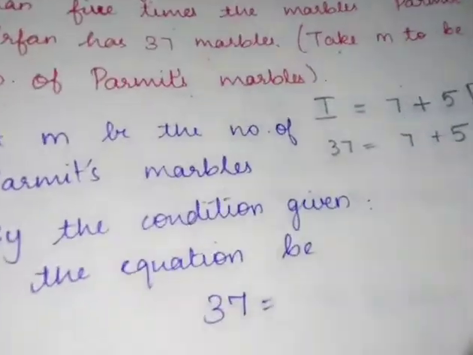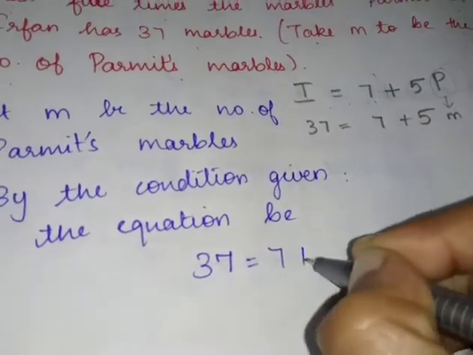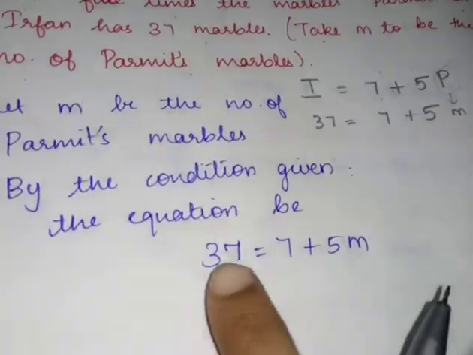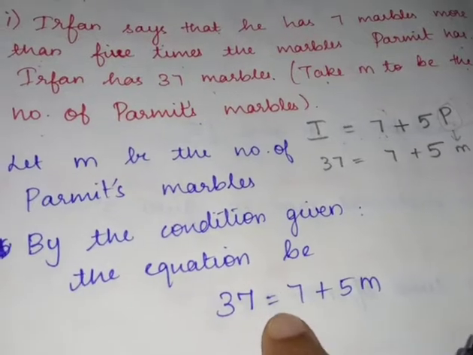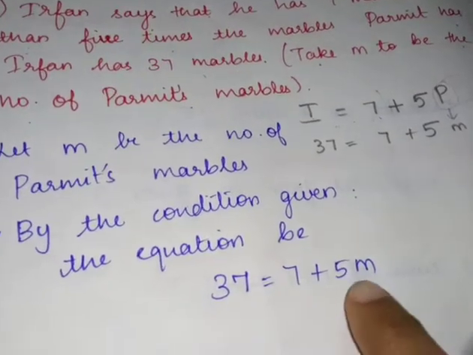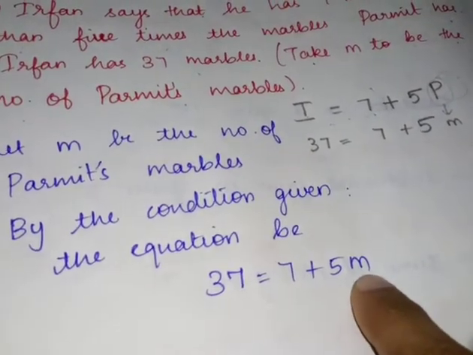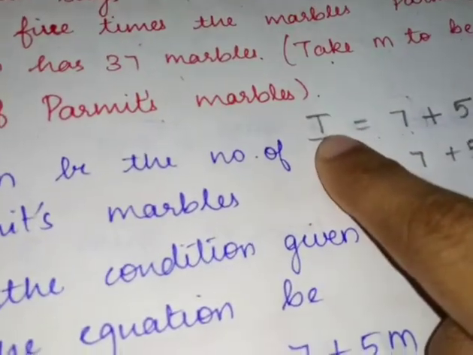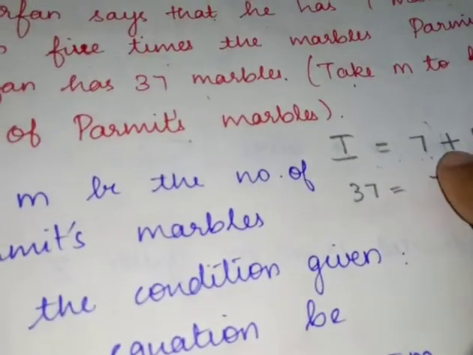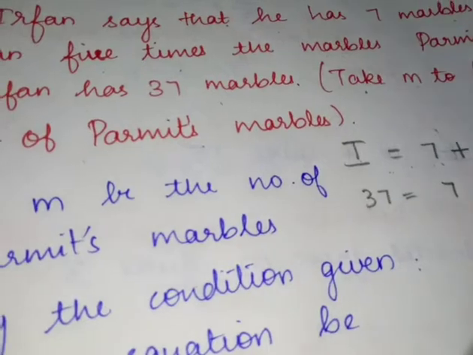By the condition given, the equation be 37 equal to 7 plus 5M, because Irfan's marbles are 7 more than 5 times Parmit's marbles.